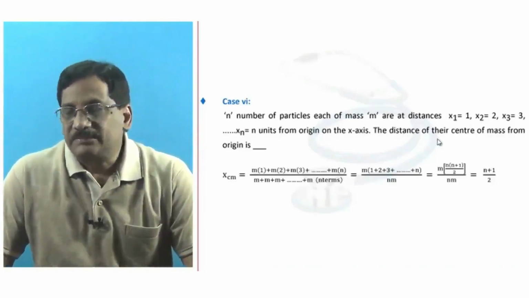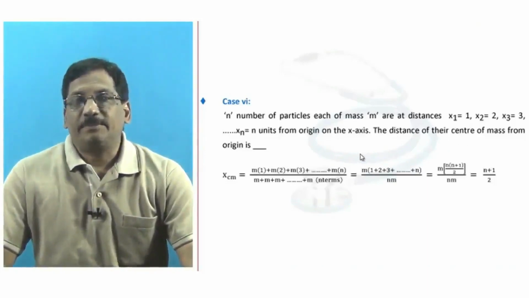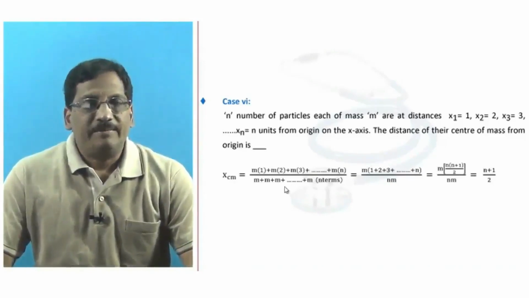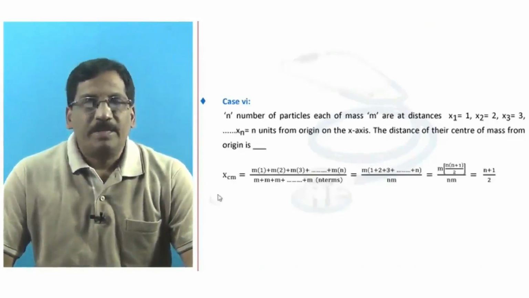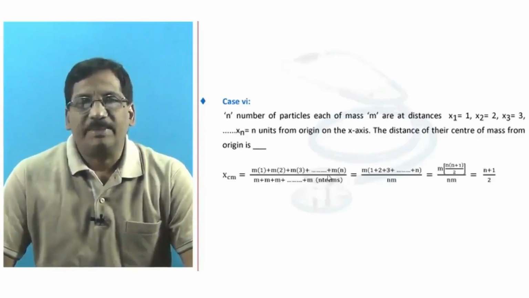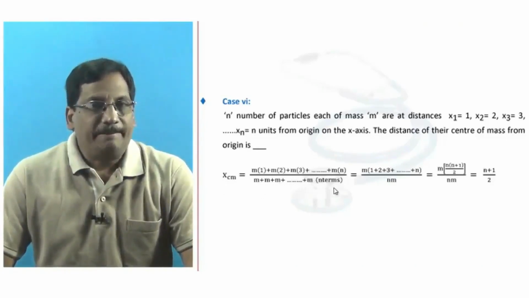Now the distance of the center of mass from the origin, that means the position coordinate of the center of mass from the origin, is from our very base formula. XCM will be equal to m1 x1 plus m2 x2 plus so on plus mn xn, divided by m1 plus m2 plus so on plus mn.